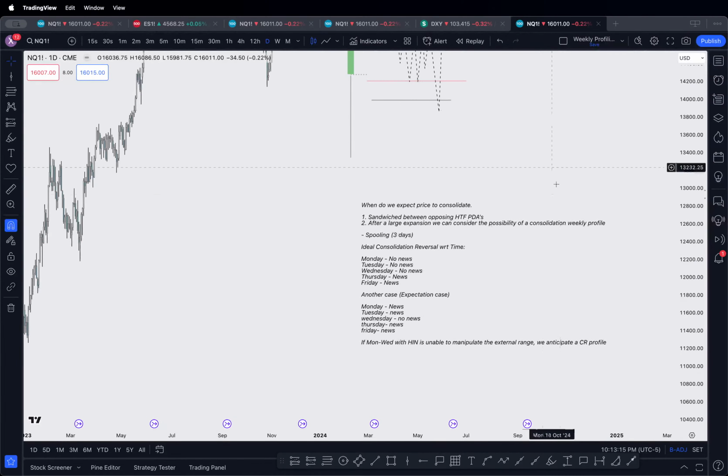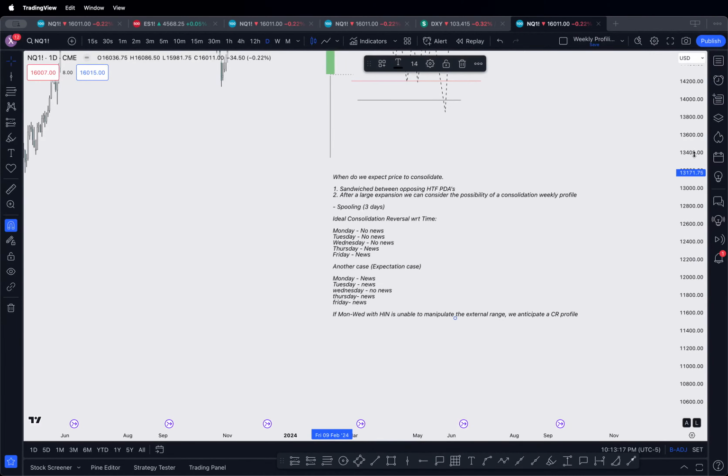Okay, so now you guys can start looking at consolidation with a bit more clarity as to what is happening, and then you can start aligning it to the economic calendar. So what you want to do is study the Tuesday and Wednesday range specifically. Because if Tuesday doesn't engage a higher time frame PD array, what profile are you going to rule out, Yusuf? Sorry, can you repeat that?